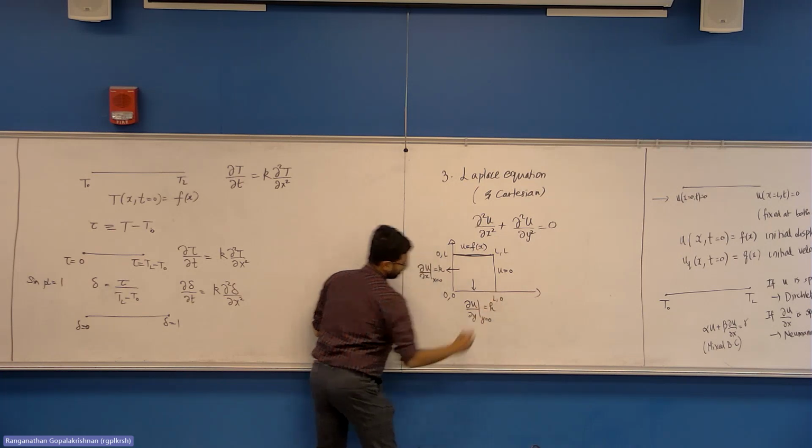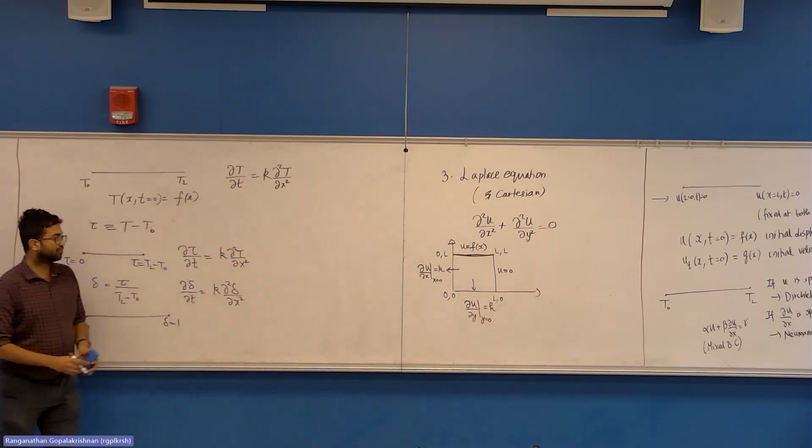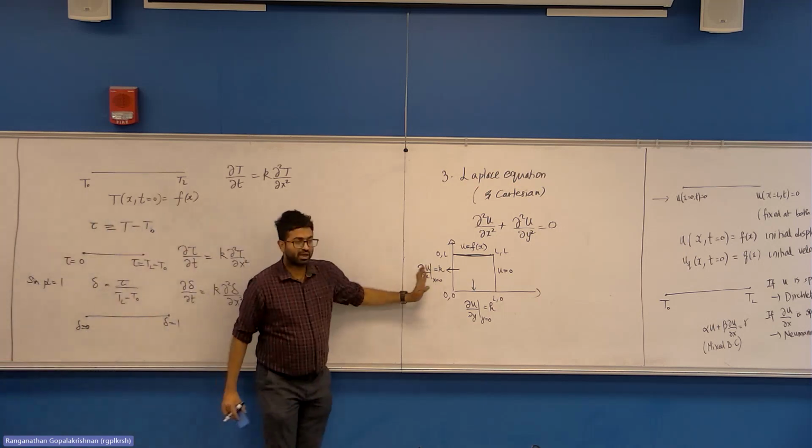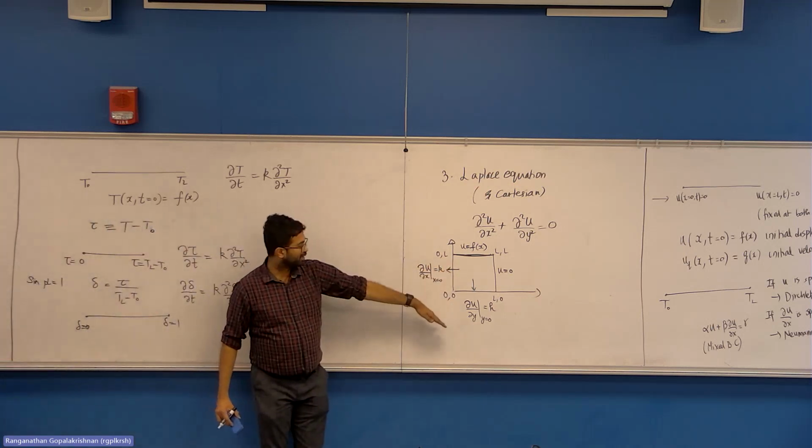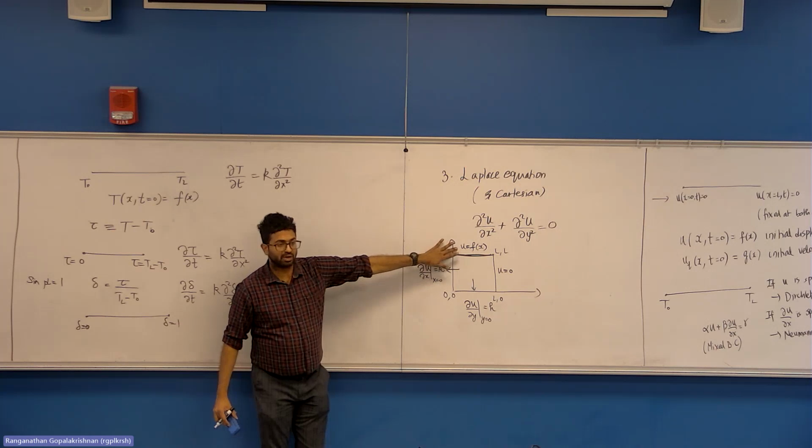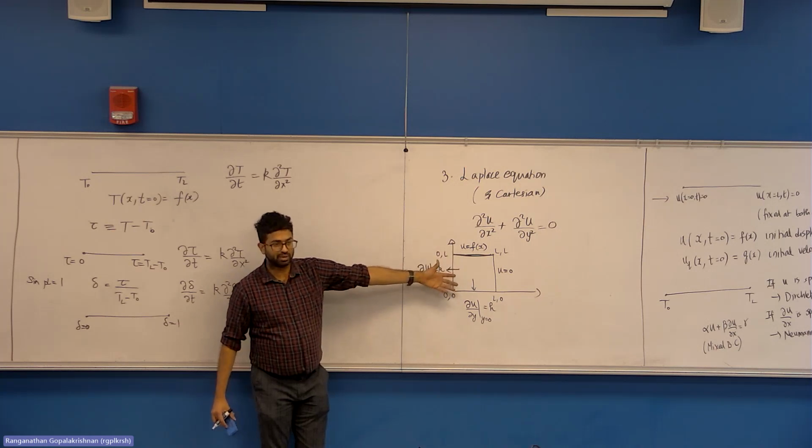Let's call it h or something. So you could specify the flux either by supplying heat, or by removing heat and holding the temperature constant. It could be a combination of any of these.